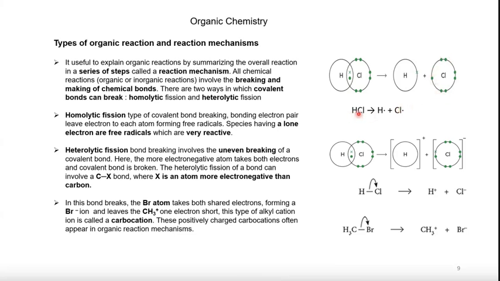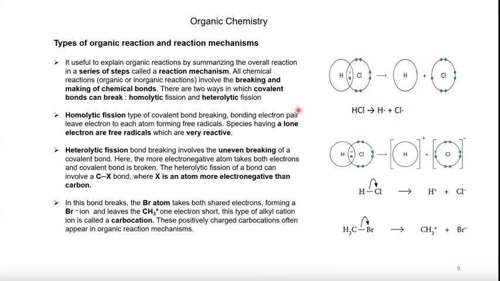We call these free radicals. So when we have this sort of fission, we call it homolytic fission. That means we form free radicals by breaking the bond.